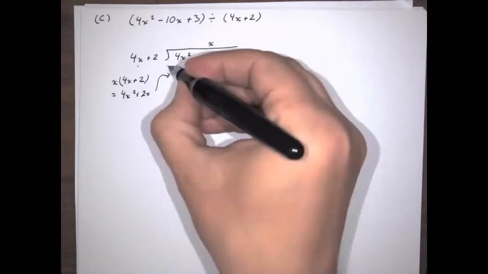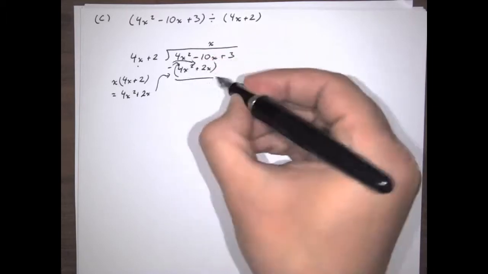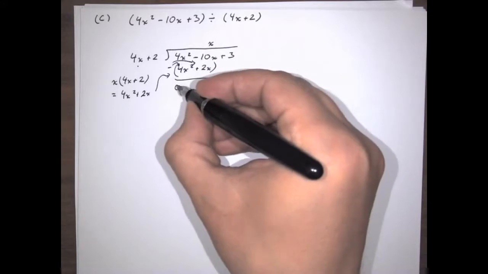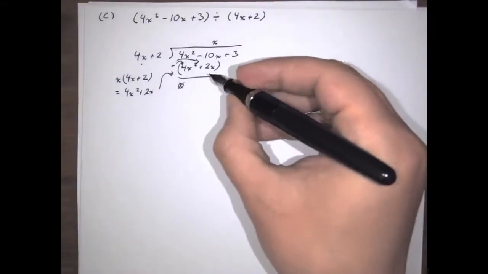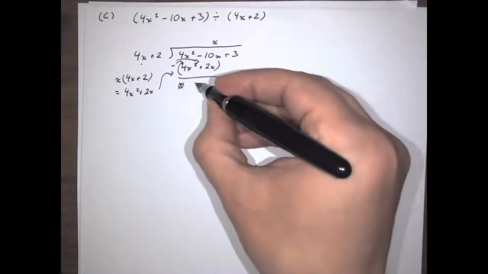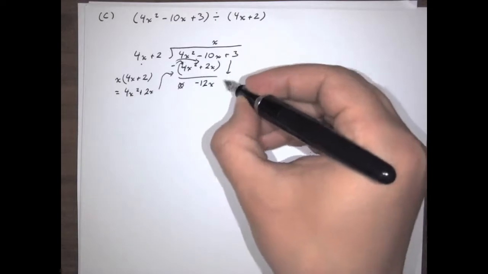But it is being subtracted. So we distribute the negative in, and that becomes the 0 that we ignore. And then the 10x minus 2x is going to be a negative 12x. Down comes the 3.